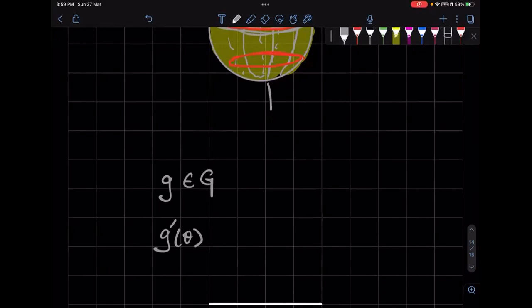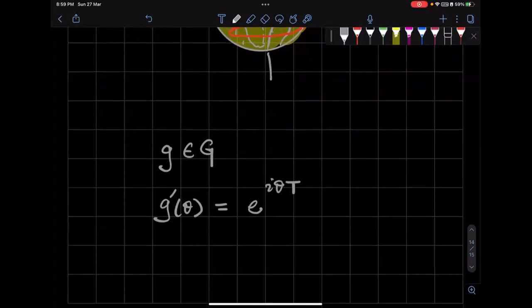Do you remember those? They are defined by, you take one of the generators and you just multiply it by one parameter and you just range the whole parameter, and that gives you an abelian subgroup.